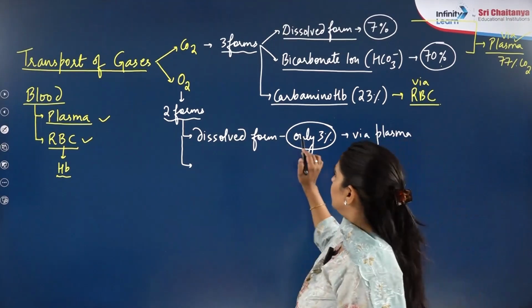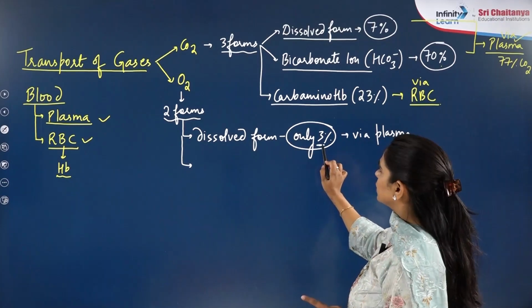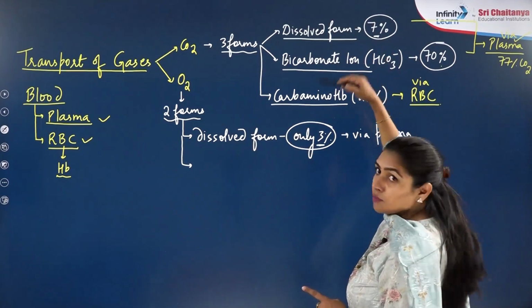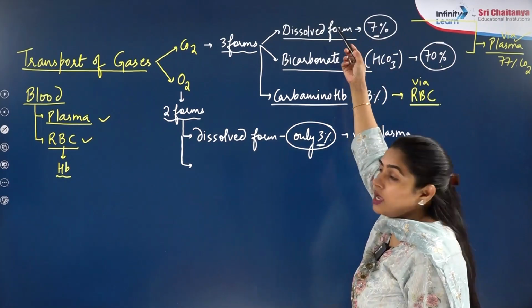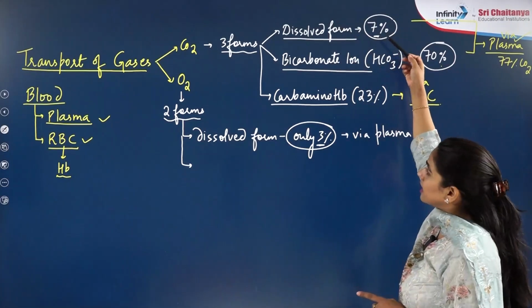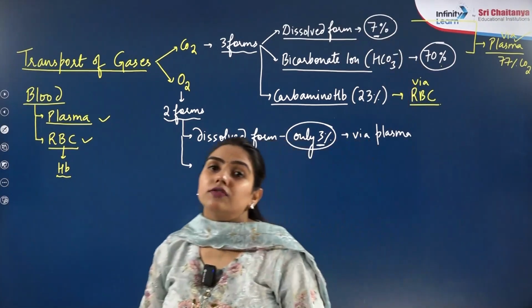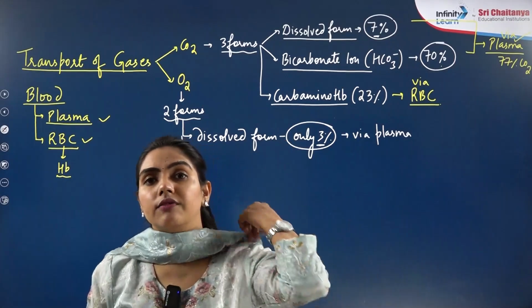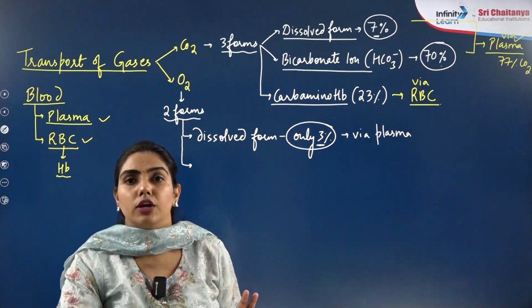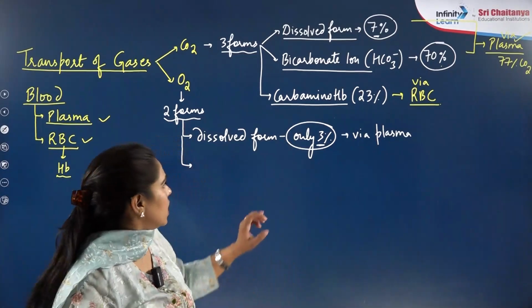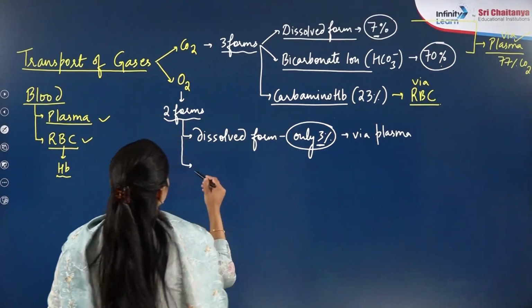But so you know the difference: here 3% dissolved form, there 7%. Why is it more there? Because the solubility of CO2 is 20 to 25 times more than the solubility of oxygen, right?